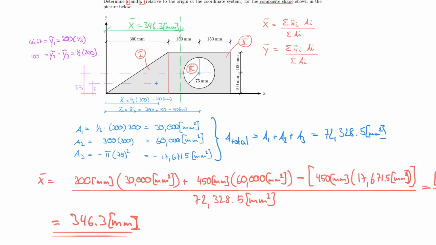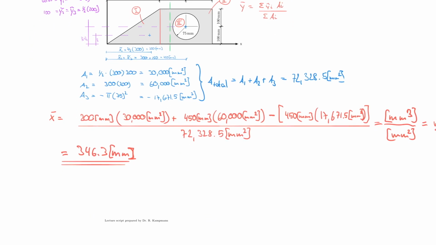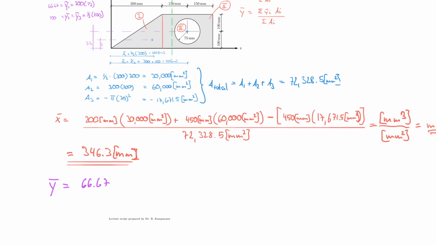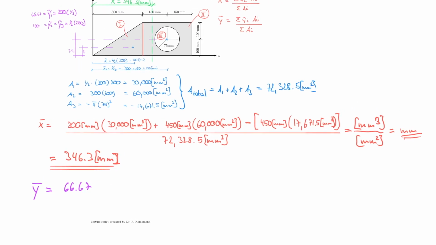In fact, let's do that. Let's calculate our Y bar. So let's calculate Y bar, which now would be Y tilde 1, which was equal to 66.67, so that you see where it's coming from. Let me zoom out a little bit. And then multiply it by the 30,000.